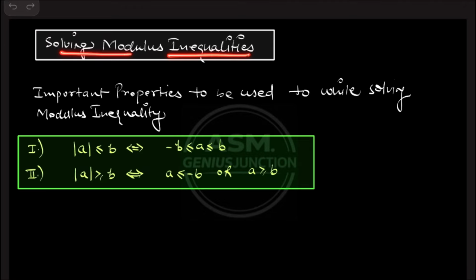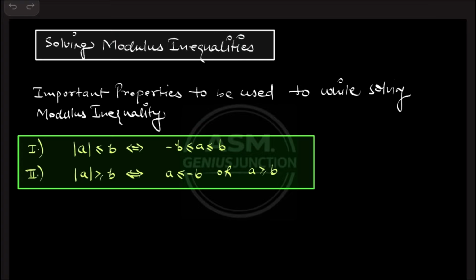Whenever we have a modulus inequality, there are two very important properties which we need to understand before solving. Property number one says that if we have a mod of a function and it is less than or equal to a constant, then when we open up the function, the value of the function lies between the positive and negative of the constant.